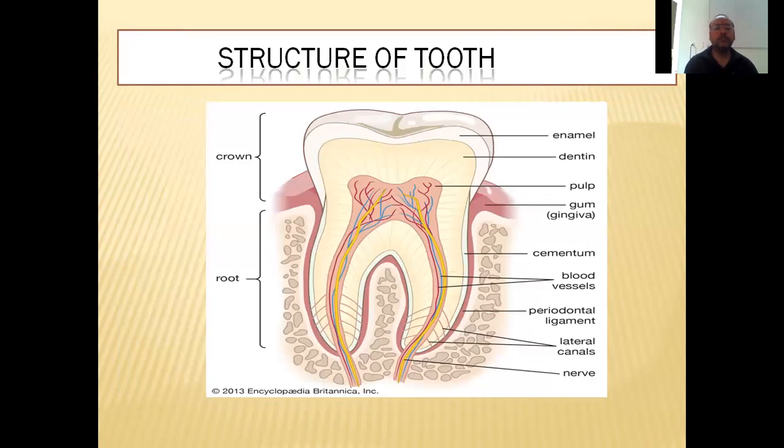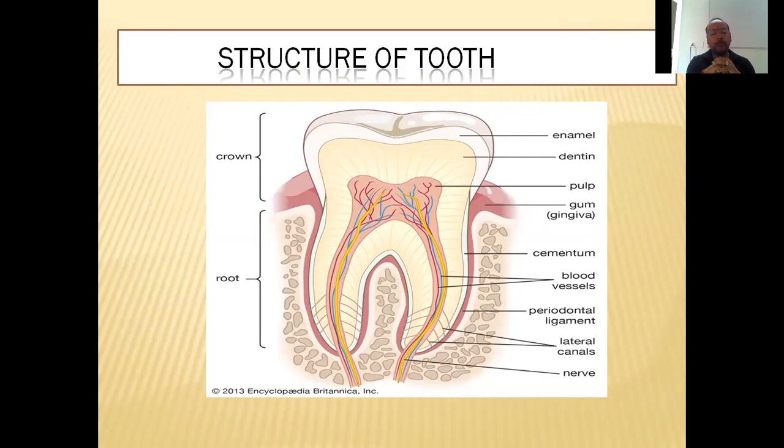So this is the structure of a tooth. Whenever we visit the dentist, you might have seen they have this type of structure placed on their table. So what are these parts? First one is the root. You can see on the screen, the root is the part of the tooth embedded in the jaw, which means it is inserted inside the jaw. Then next is the crown.